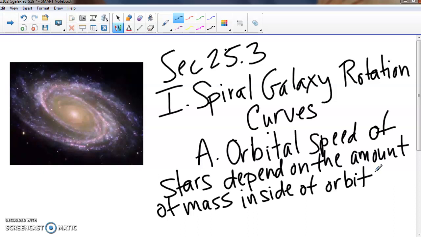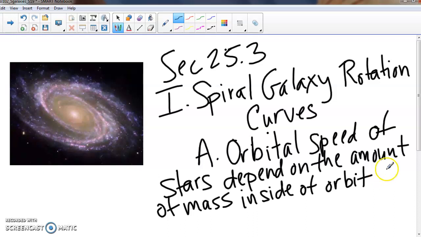Is it close to the center? Is it farther out? Are there a lot of stars inside of its orbit, a lot of stars between it and the center of the galaxy, or not? So the orbital speed of stars, how fast our sun goes around the Milky Way, depends on where we are in the Milky Way. Are we closer to the middle or further out?